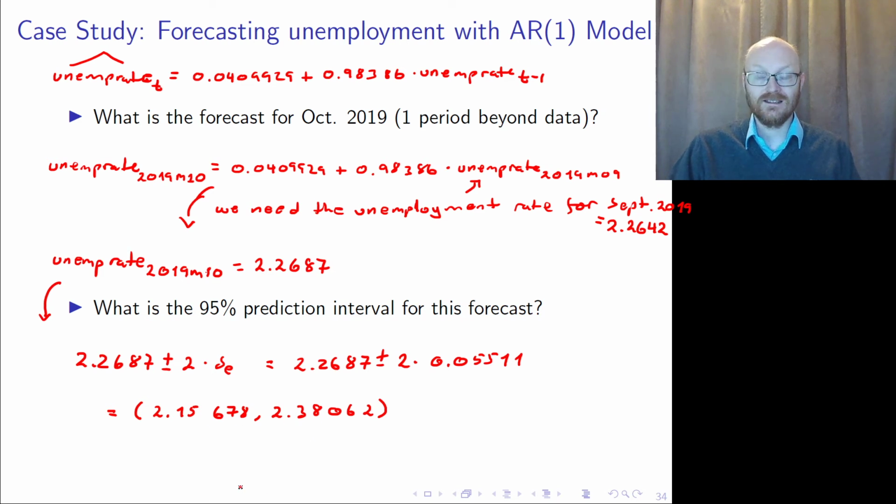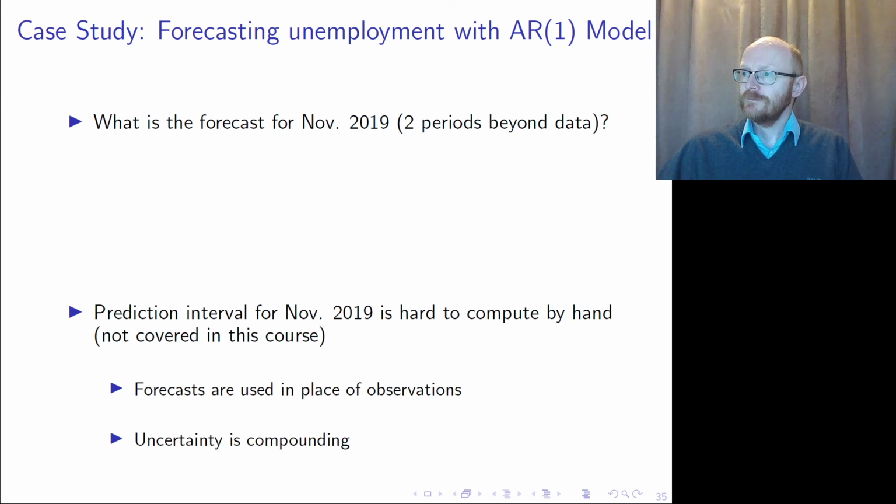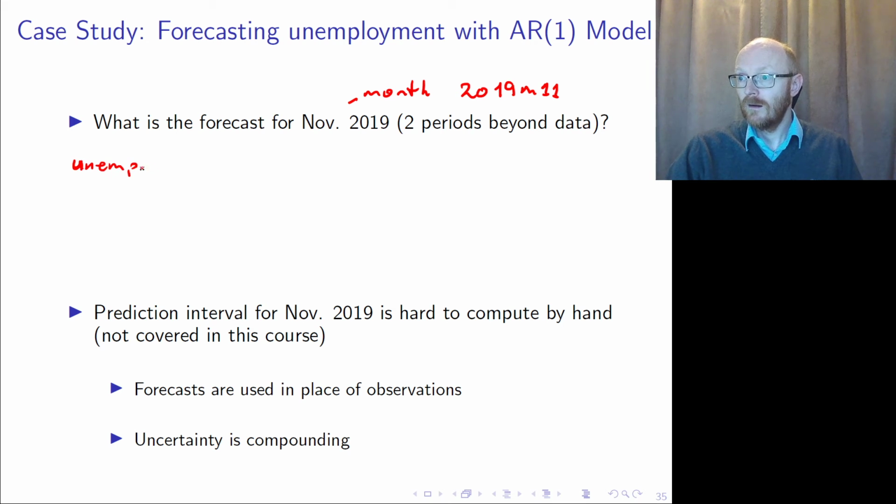So we are 95% confident that the true value in 1 month will lie somewhere in this interval, 2.15 to 2.38. Okay, so what is the forecast for the next period, November 2019, which is month 11?